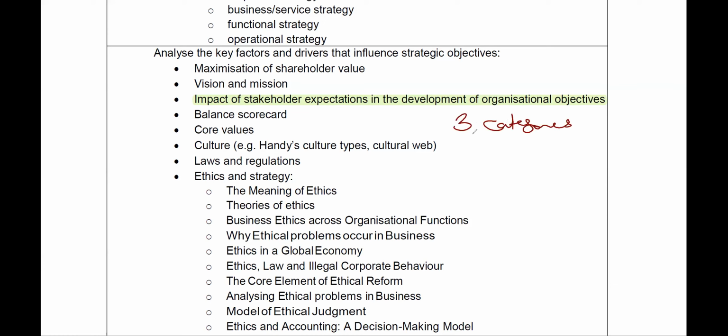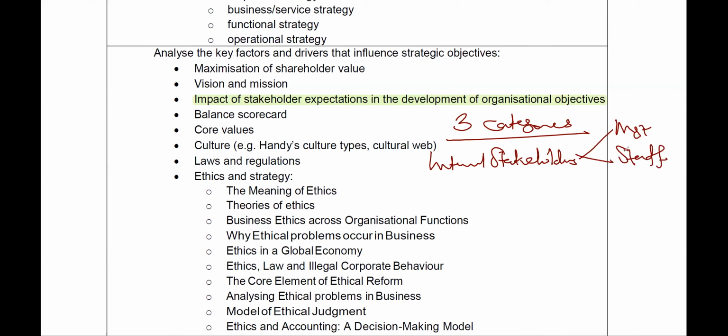We have those who work within the organization, which we call the internal stakeholders, right? So the internal stakeholders, you are literally talking about management, and then the subordinates, which are the staff. Remember, management is still staff, but it's just the senior staff. Then we have the connected stakeholders.